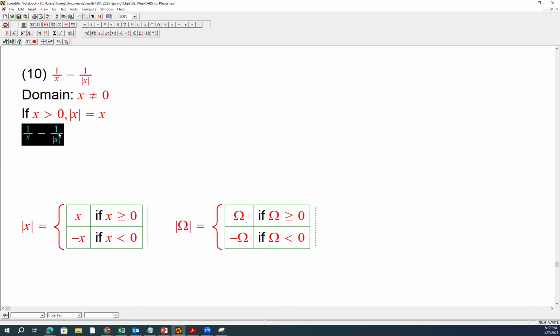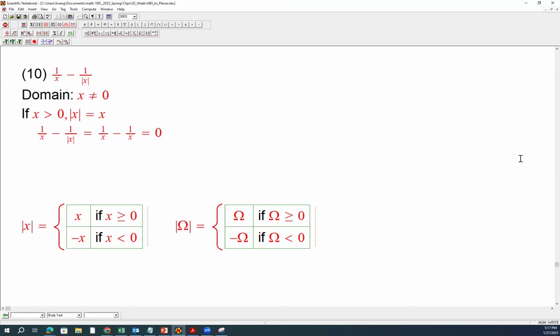And this piece, when x is greater than 0, is going to be 1 over x, not changed, right? There's no absolute value involved. But the second part, under the circumstances x greater than 0, the absolute value of x is equal to x. So this will be replaced by x. 1 over x minus 1 over x equals 0.